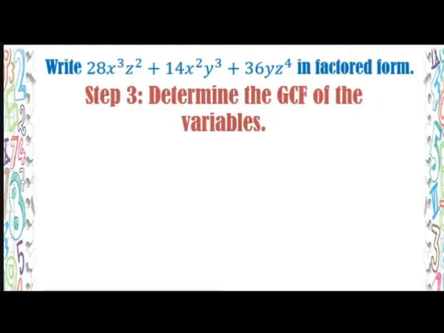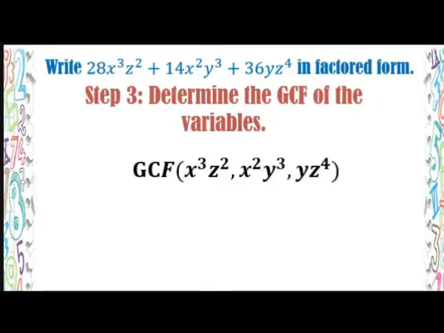Next step. Determine the GCF of the variables. Okay, let us observe the letters. For letter X, it is in the first and second terms, but it's not found on the third term.